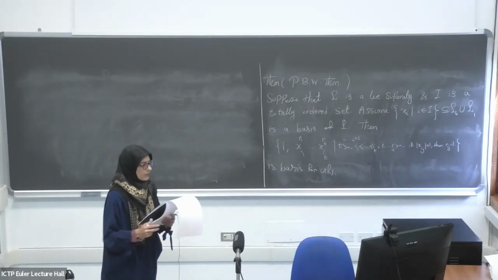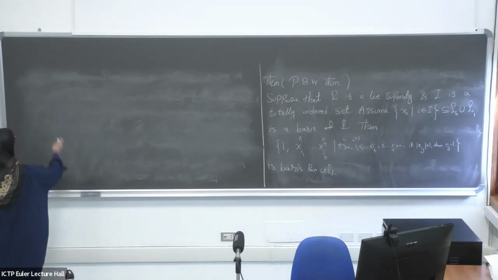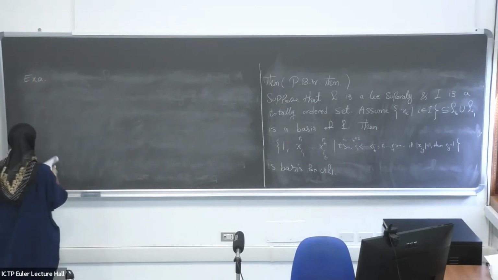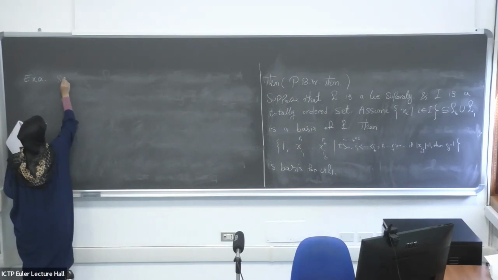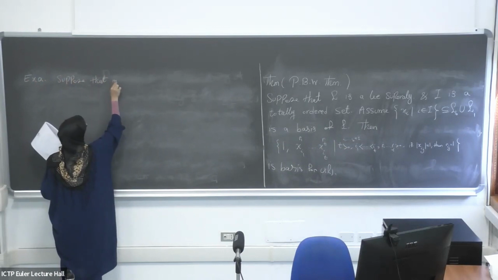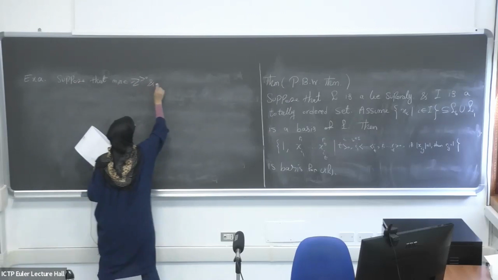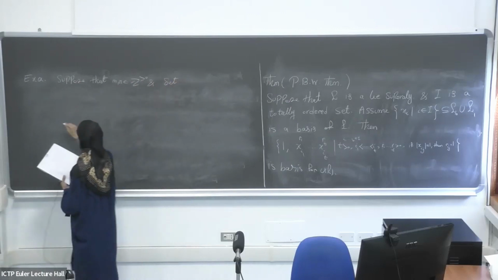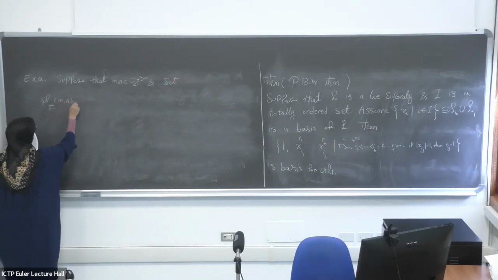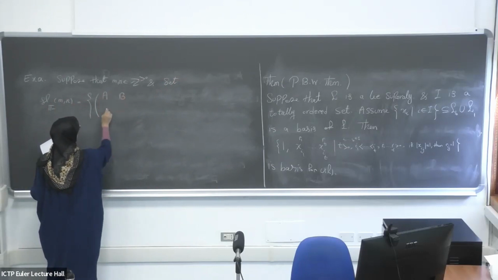Okay, let's look at some examples. Suppose that m and n are positive integers, and set also m and n to be the sizes of matrices.